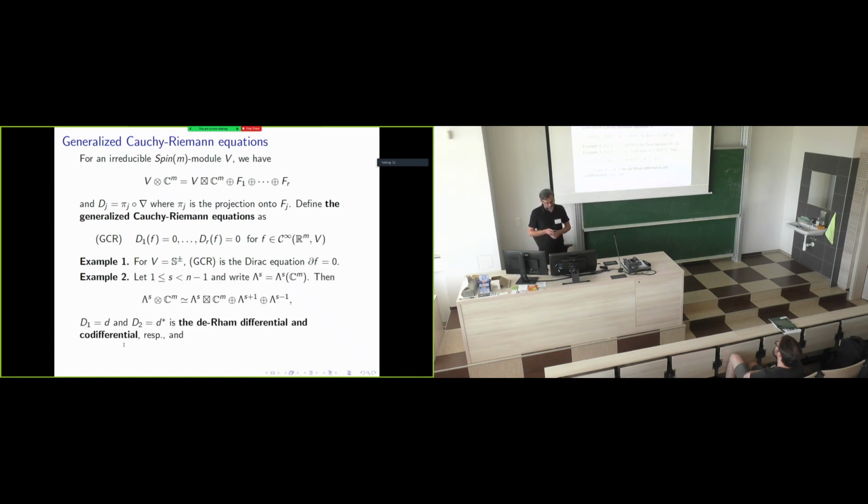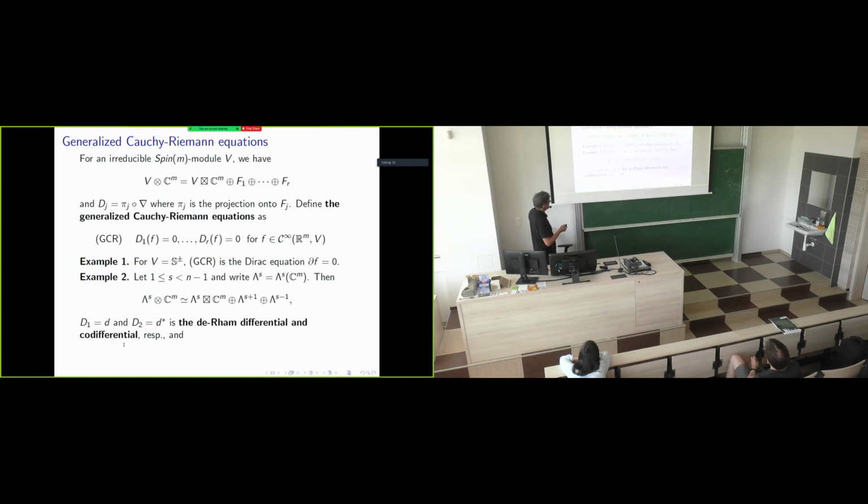But let us consider lambda s, the s-th antisymmetric power of the defining representation, C^m. Then its tensor product with the defining representation has three pieces: the Cartan product, lambda to s plus 1 and lambda to s minus 1.